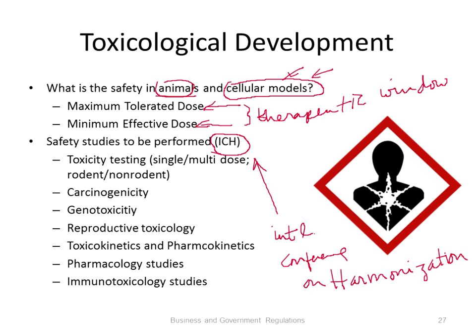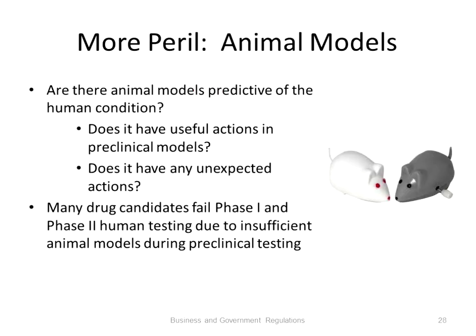Okay, so single dose, multi-dose, rodent, non-rodent, whether it is carcinogenic, is there any reproductive toxicology, what kind of kinetics you observe over time, and if there is any immunotoxicology, is there any immune response, things like that. So these are all toxicology studies that need to be conducted in cellular models first and then in animal models.